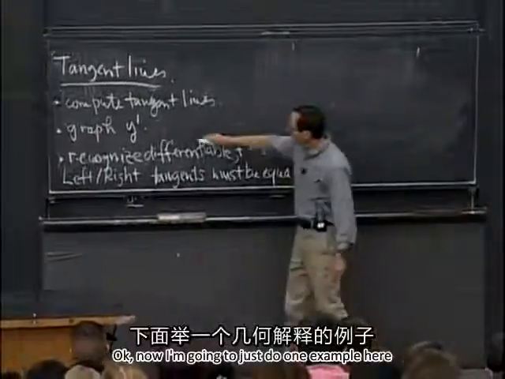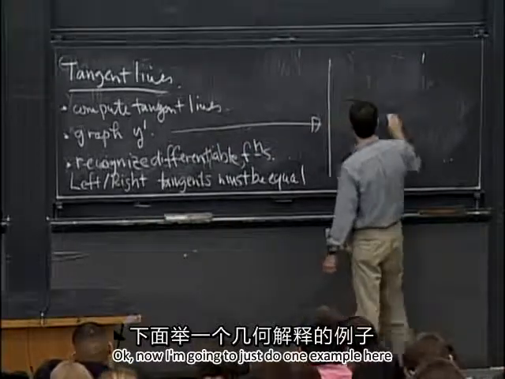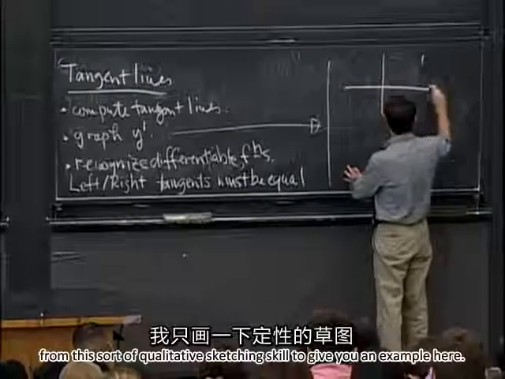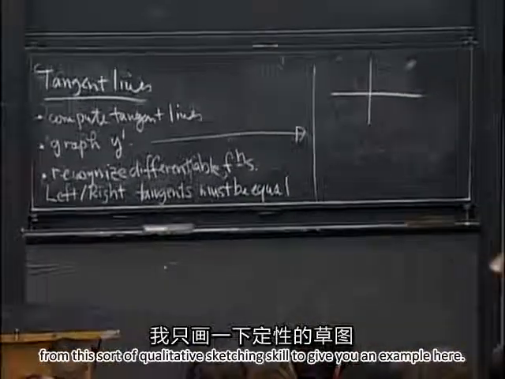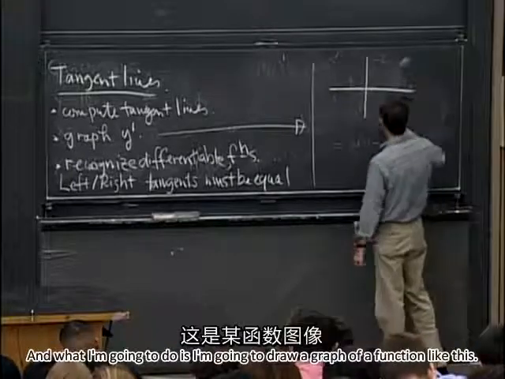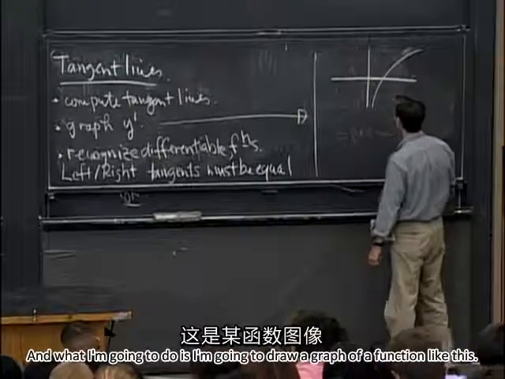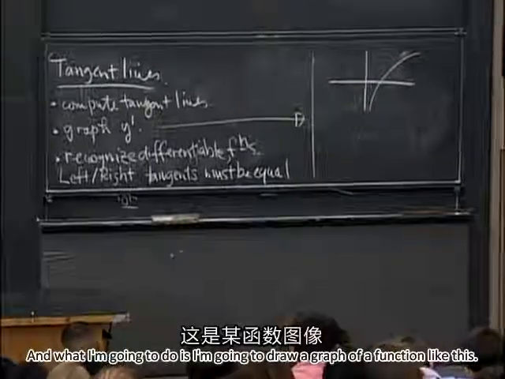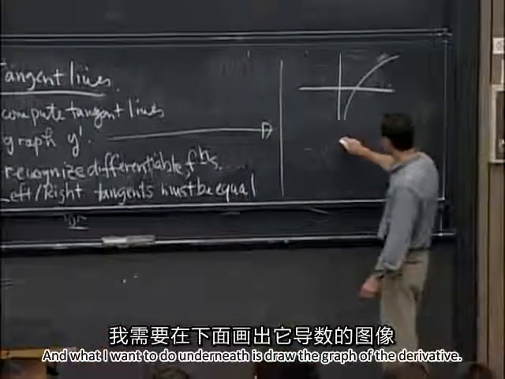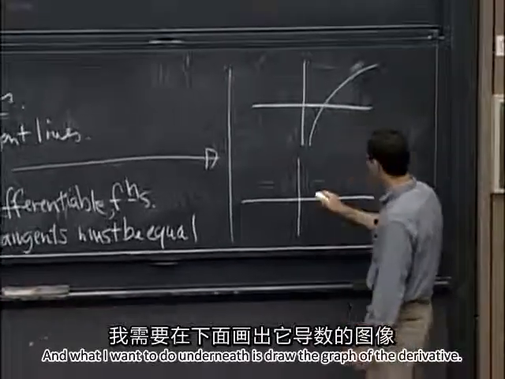Okay? Now, I'm going to just do one example here from this sort of qualitative sketching skill to give you an example. What I'm going to do is draw a graph of a function like this, and underneath it draw the graph of the derivative.